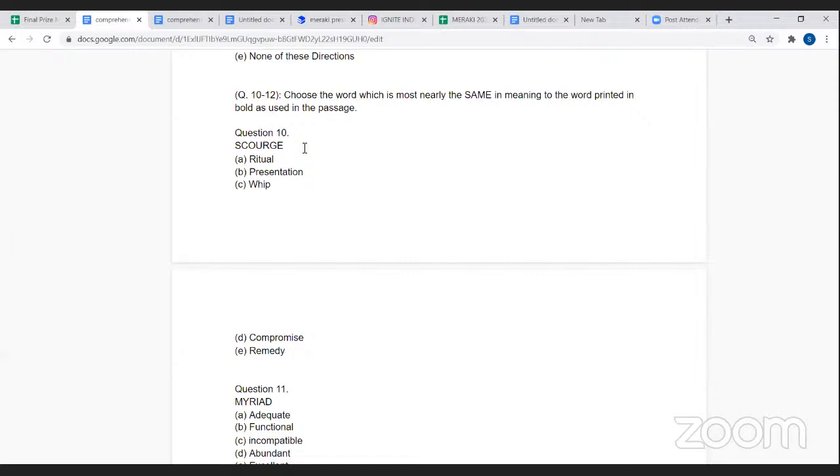Here they've not given other options. Otherwise, even if they had given suffering, that would also be correct. In the passage it means causing suffering, not to whip.